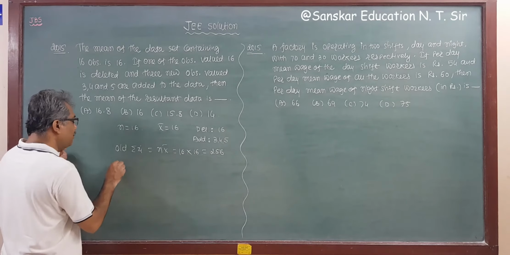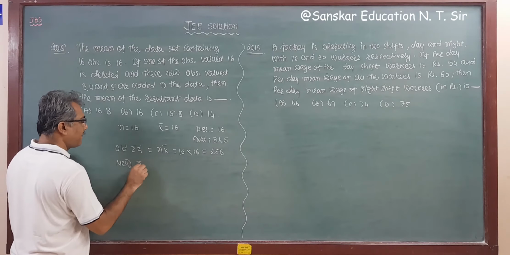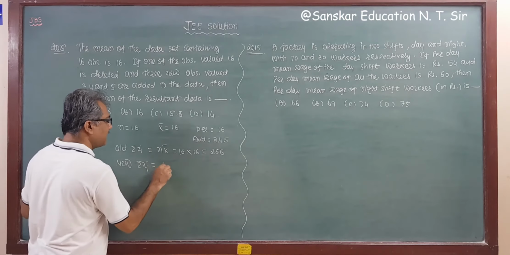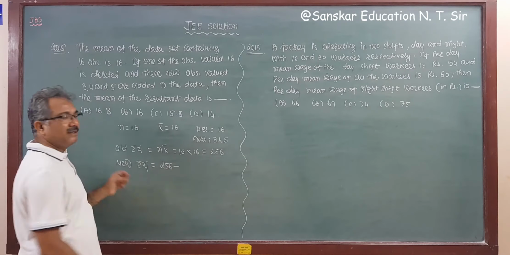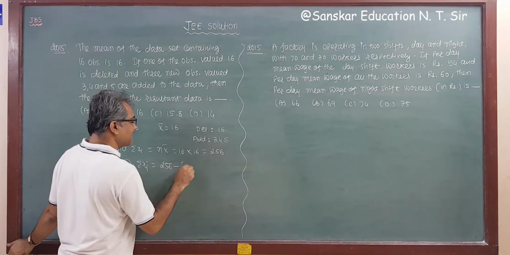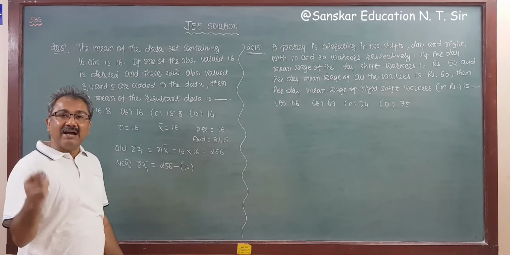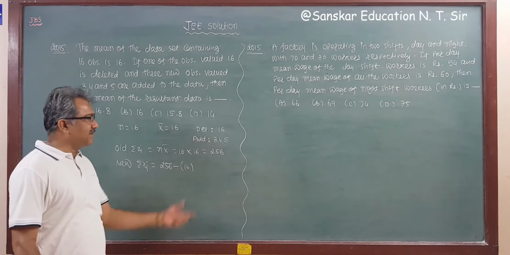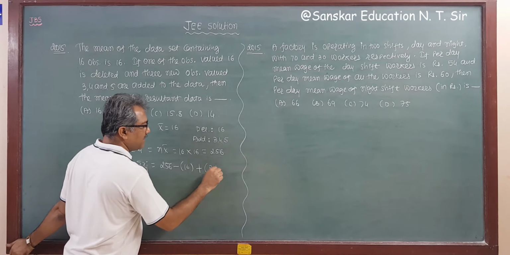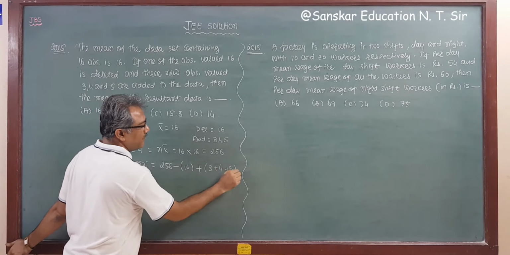So now new sigma xi is equal to old 256 minus the wrong observation, that is the deleted observation 16, and we have to add the correct observations, means 3 observations we have to add. So plus 3 plus 4 plus 5.